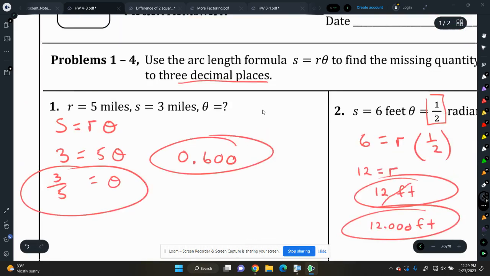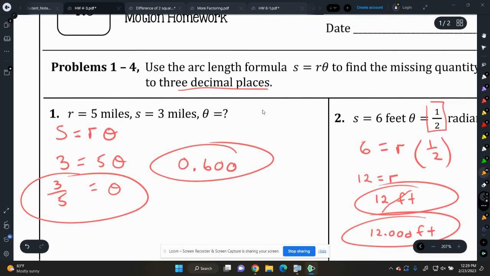This is a general rule, and this carries on into calculus also. If you are told to round it to a certain number of decimal places, then that means go ahead and do the division necessary. Like here, 3 divided by 5, do that division. If you're asked for an exact value, then we're going to leave it like this.